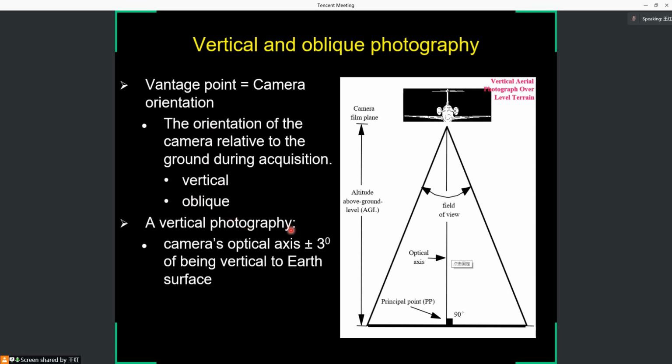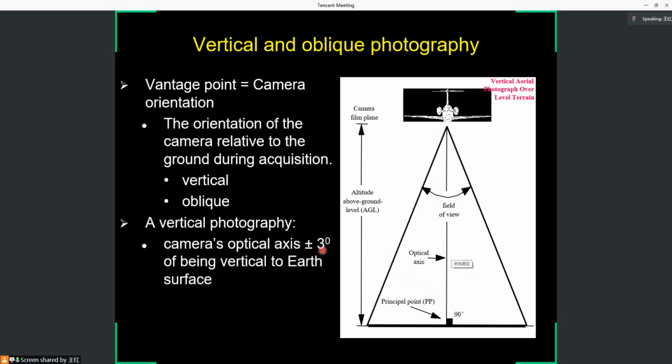A vertical photograph means the camera's optical axis equals plus or minus 3 degrees. Only 3 degrees, very narrow. It means vertical to Earth.